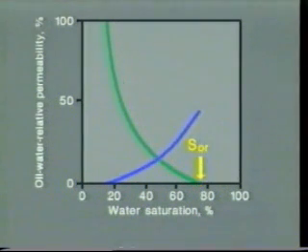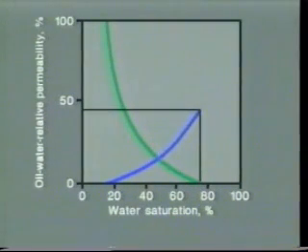The remaining hydrocarbons are referred to as the residual hydrocarbon saturation, S sub OR. As stated earlier in our definition of relative permeability, when residual hydrocarbon saturation is reached and 100% water is produced, the relative permeability of the system to water is not 100% of the absolute permeability. In this case, relative permeability is 40% of absolute permeability.